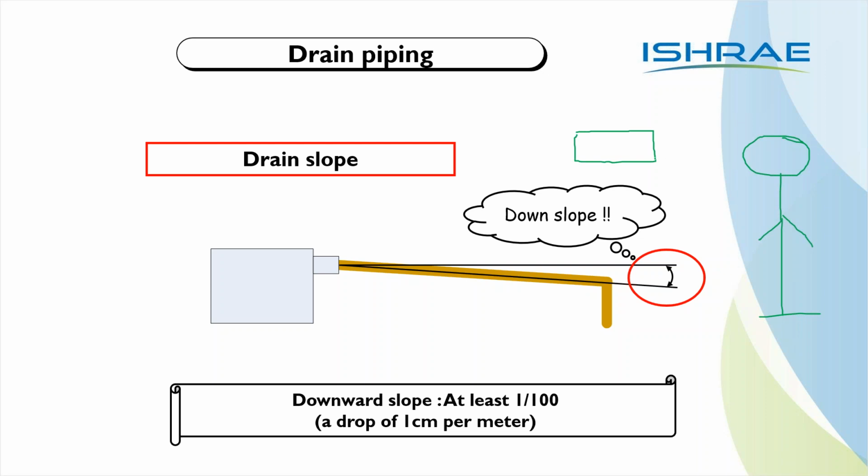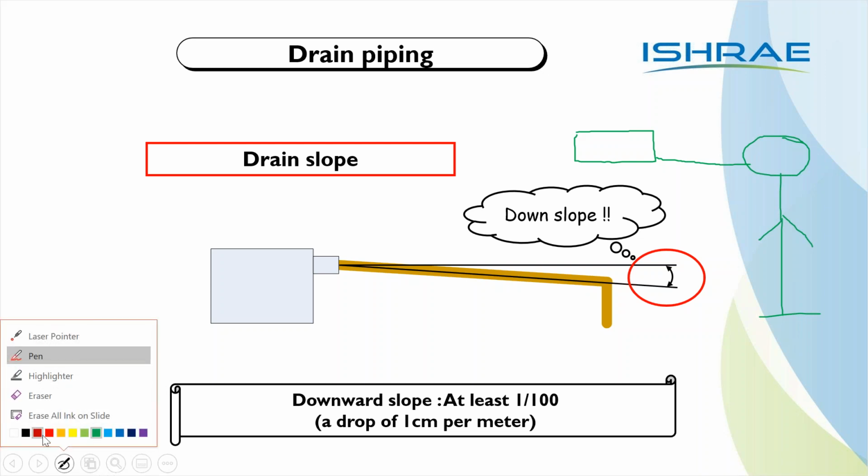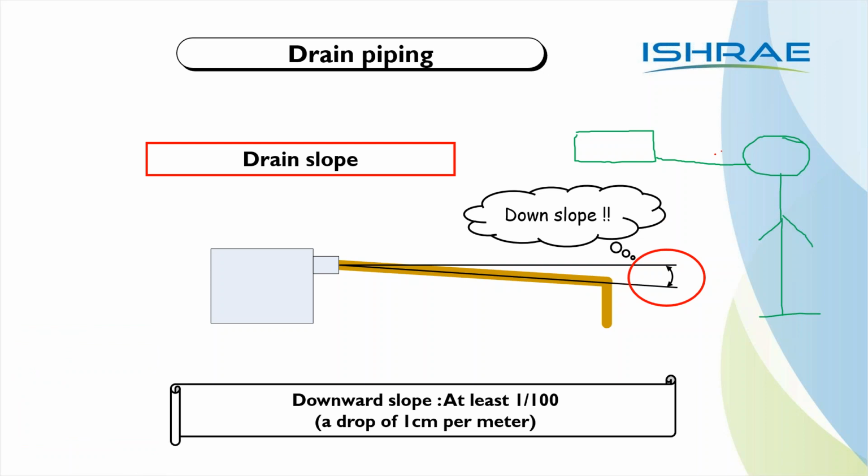I'm drawing an indoor unit. Now look at the height at which you are standing. When you use a drilling machine or drill gun, look at the way you are drilling here. This is wrong. This is a wrong practice.